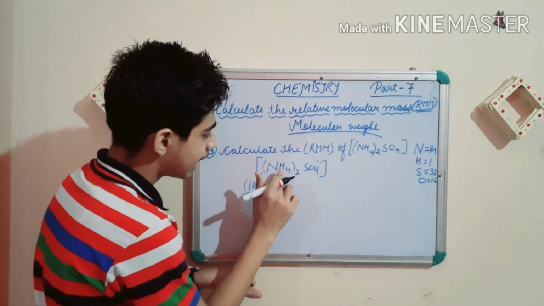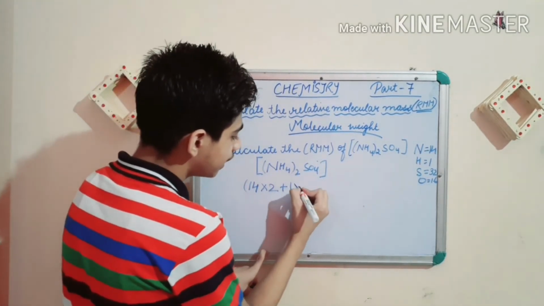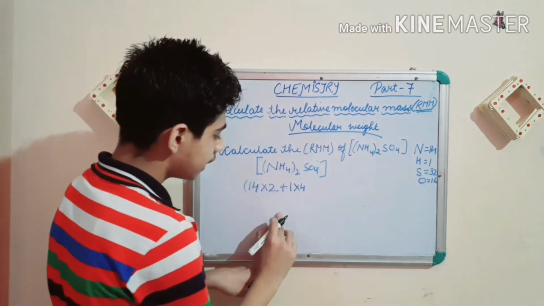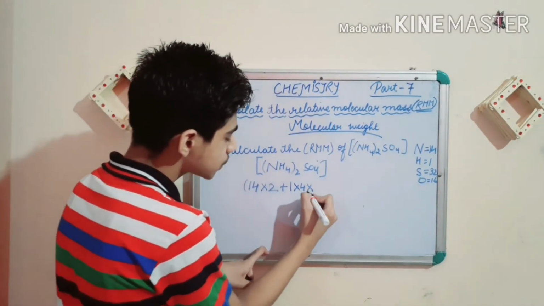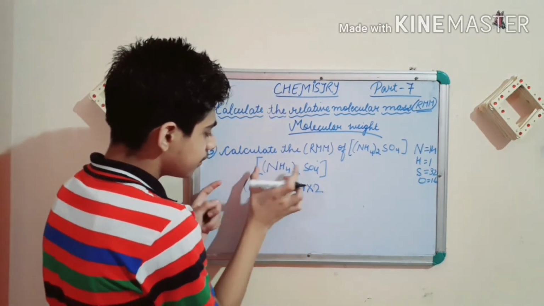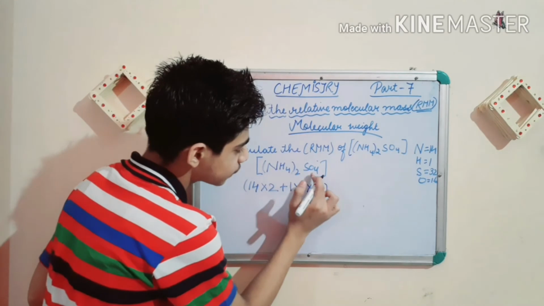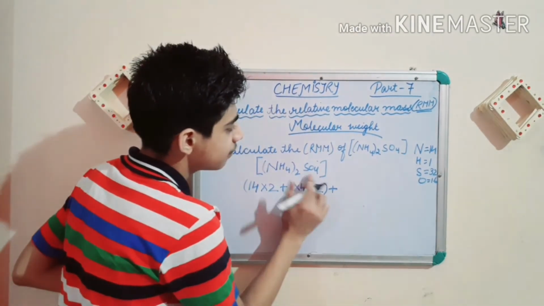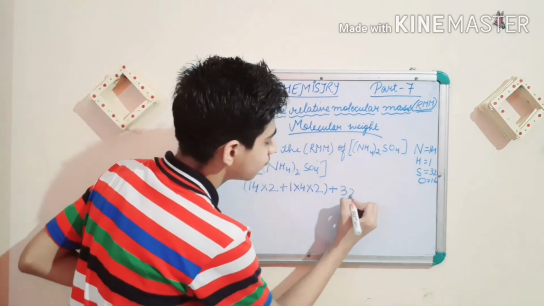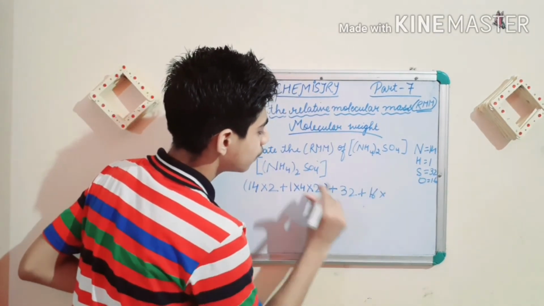Plus hydrogen, atomic weight of hydrogen 1, 1 into 4, but this is also multiplied by 2, so this is how the bracket's atomic weight comes out. Now SO4, we will put here plus sulfur 32 plus oxygen 16 into 4.